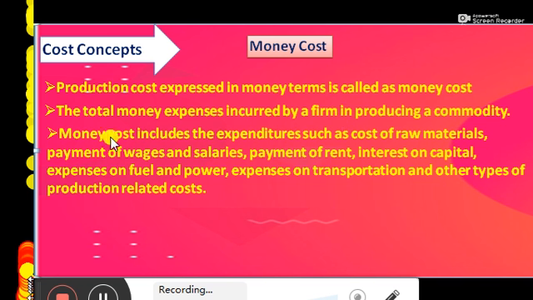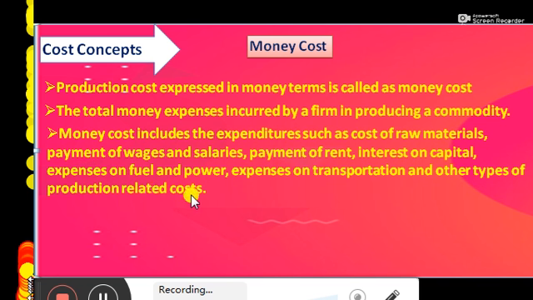Next, money cost includes expenditure such as cost of raw materials, payment of wages and salaries, payment of rent, interest on capital, expenses on fuel and power, expenses on transportation and other types of production-related cost.